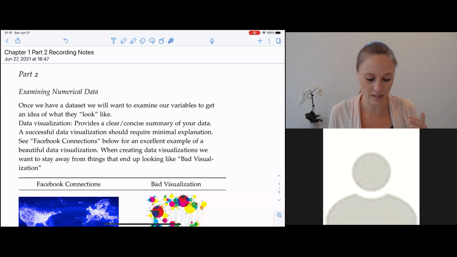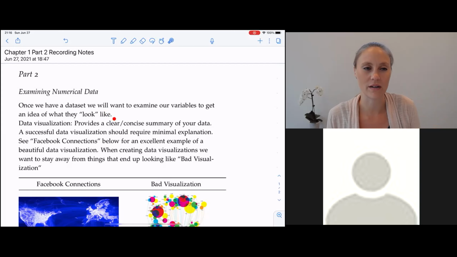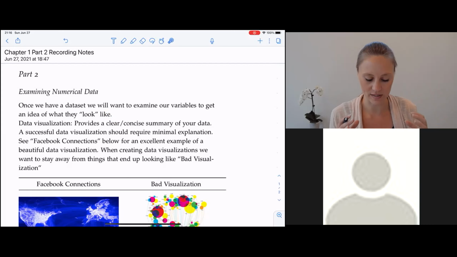So the first thing you want to do, once you have a data set, is see what's going on in there. You want to get an idea of what this data looks like. Often data sets will be quite large, so we use data visualization instead of scrolling through.